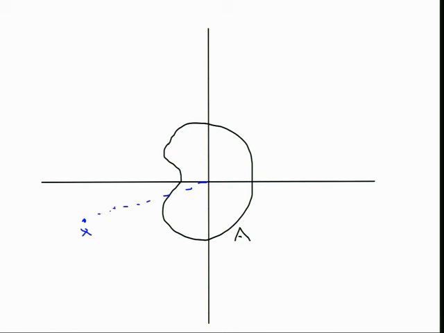And now what I do is I take the dot product of this vector with every vector inside the set, and I try to make this dot product as big as possible, which means that I should pick a point which is on the boundary of the set and which aligns itself to the greatest degree possible with this dotted line. So I would find that that point is right here.